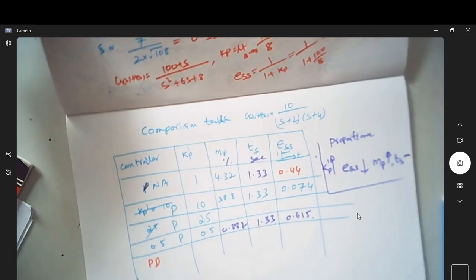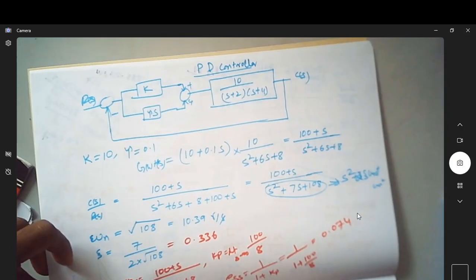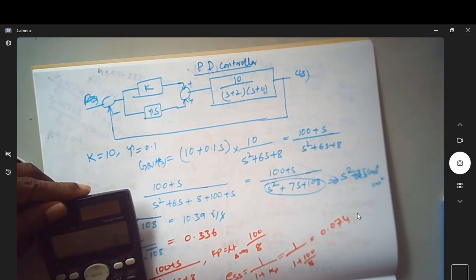So now we have a PD controller with K as 100 and tau as 0.1. Let us try to find out how much MP is. We have this as my ζ value. So how to find it?